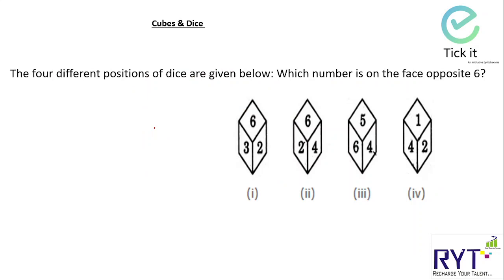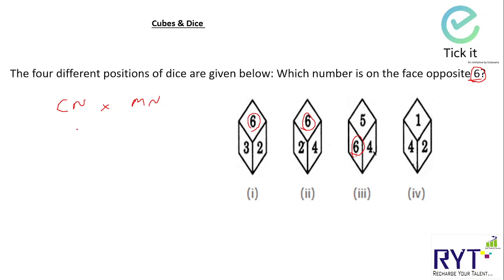Let us solve some questions now. The 4 different positions of the dice are given below. Which number is on the face opposite to 6? So 6 is the number given in the question. We have to find the opposite face. So common number opposite to missing number. First, I will check if this number is common in the figures. Is number 6 common? Yes, it is common in these three figures.